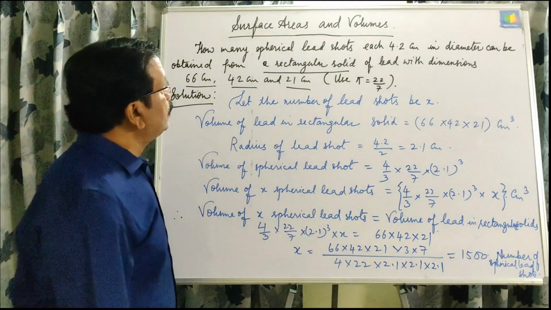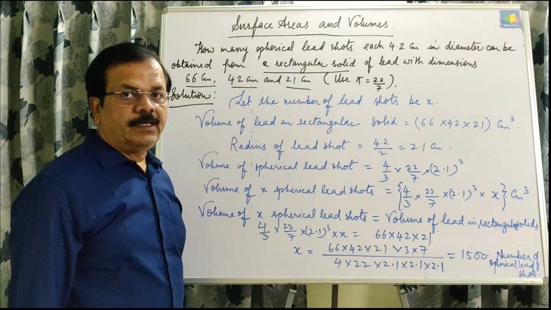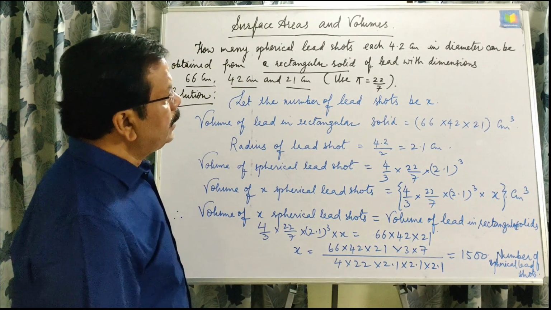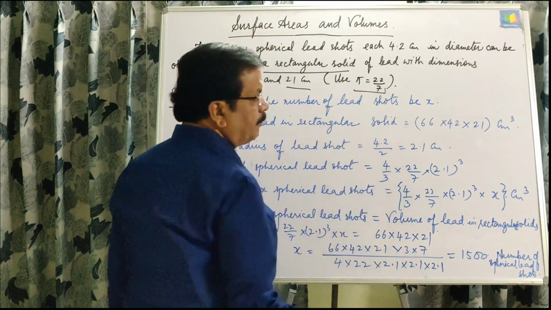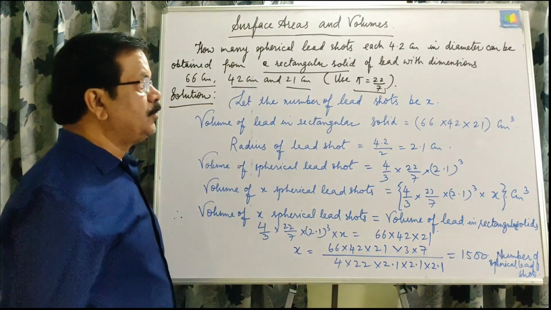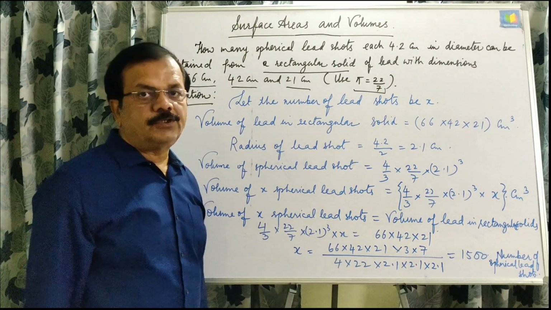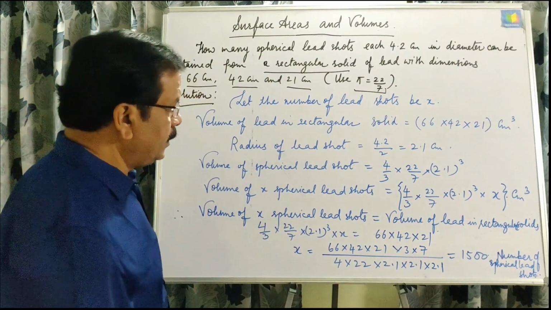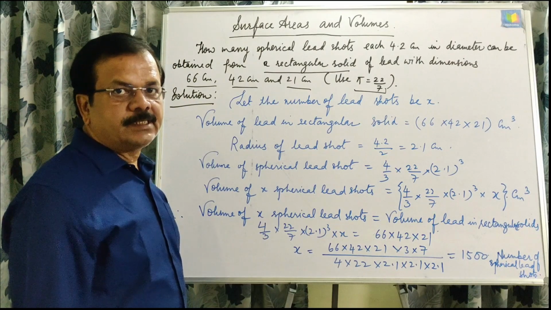In any question of surface areas or volume, or you can say in other words, three-dimensional solids or mensuration, whenever the value of pi is given, then we should use that value. If in place of 22 by 7, 3.14 is given, then we should use 3.14. Though in this question this will not affect the answer, in other questions this can affect.